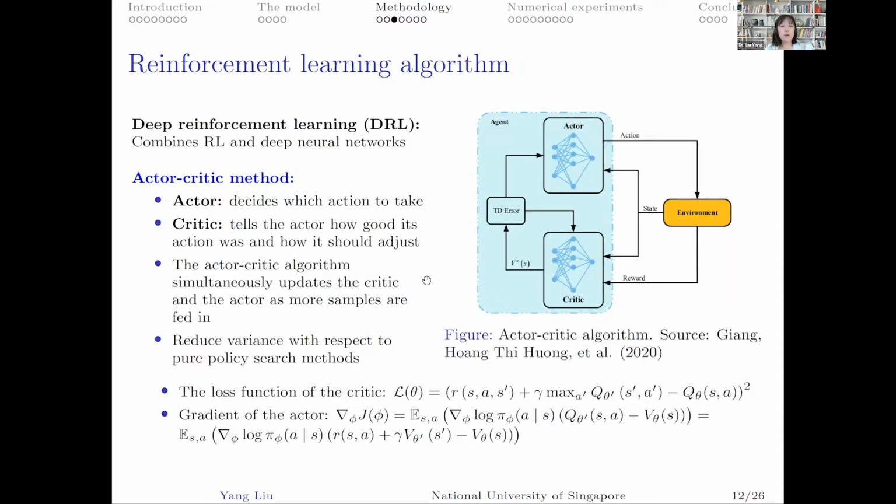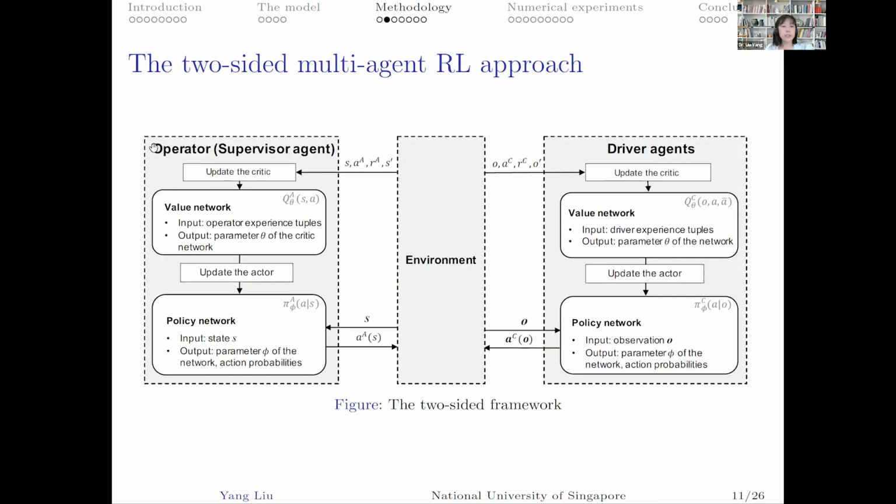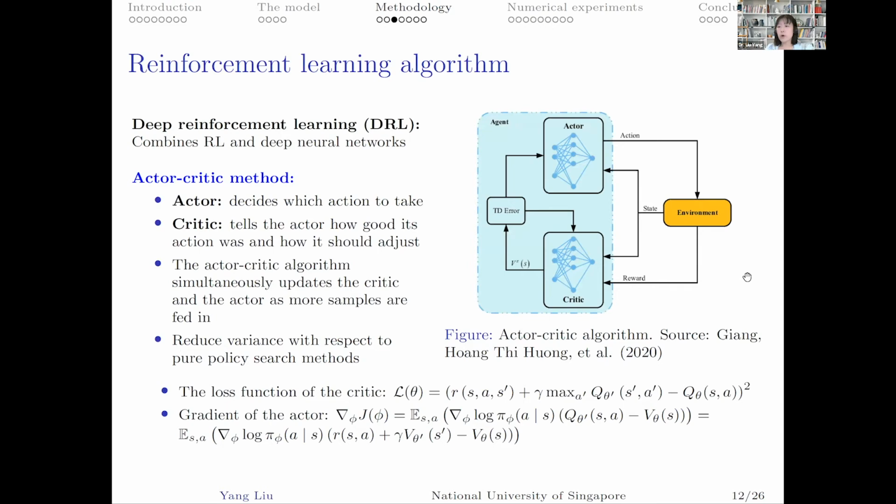In order to solve the problem, we use the actor-critic method. Each agent has two networks, a policy network and a value network. The value network, or the critic, evaluates the value of the current policy by observing the environment feedback.